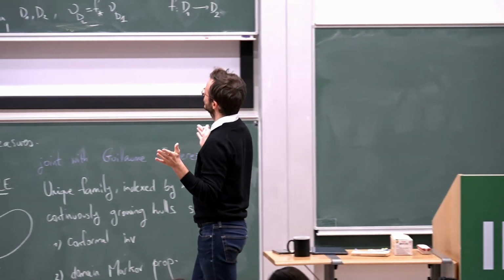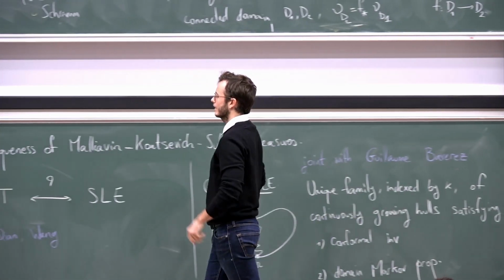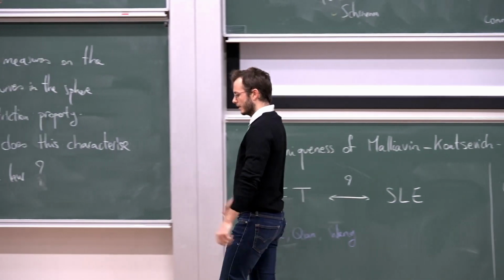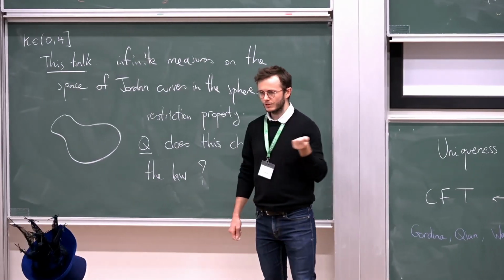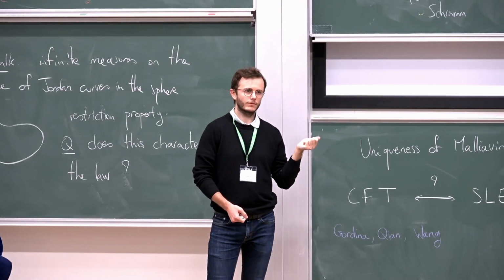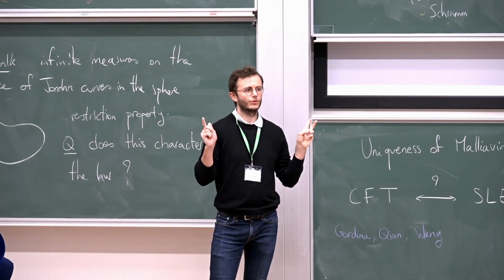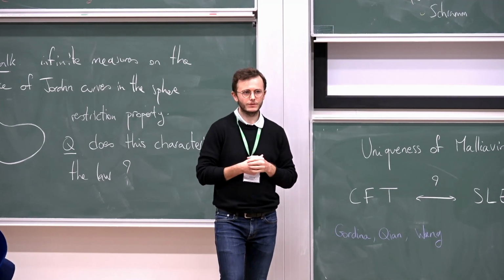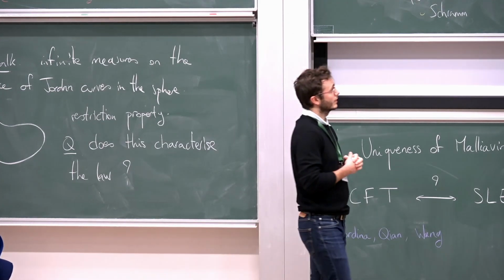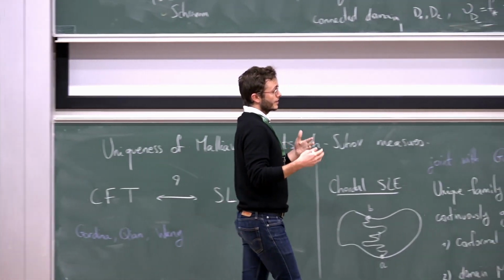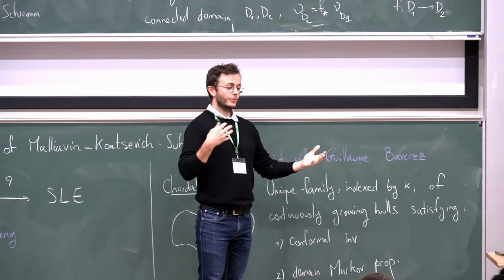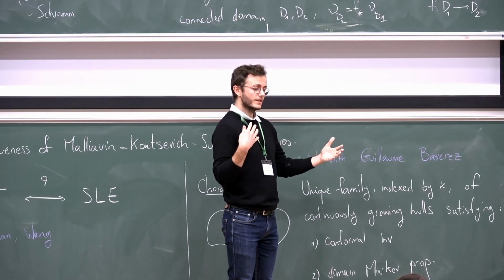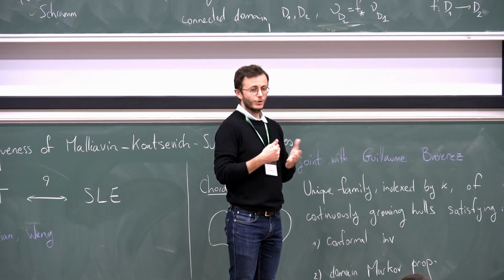So this definition is not too bad actually. I have this value Cm. I take a nice Borel measure on my space of Jordan curves. I define a weighted version of the restriction to D of my measure nu. And then I say that this is a restriction measure if my restriction measures have this nice behavior under conformal maps.